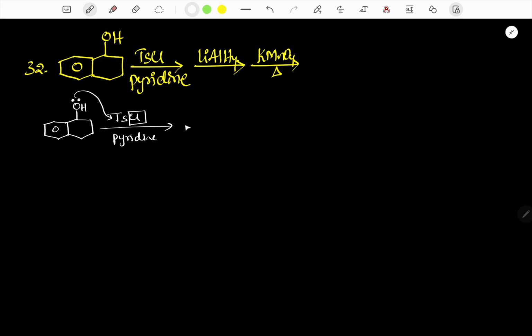So nucleophilic substitution takes place at the tosyl group and finally it converts into the good leaving group OTs and HCl is formed. To remove the HCl, we are using the base. And we know that OTs is a very, very good leaving group. OH minus is not a leaving group, but OTs is.